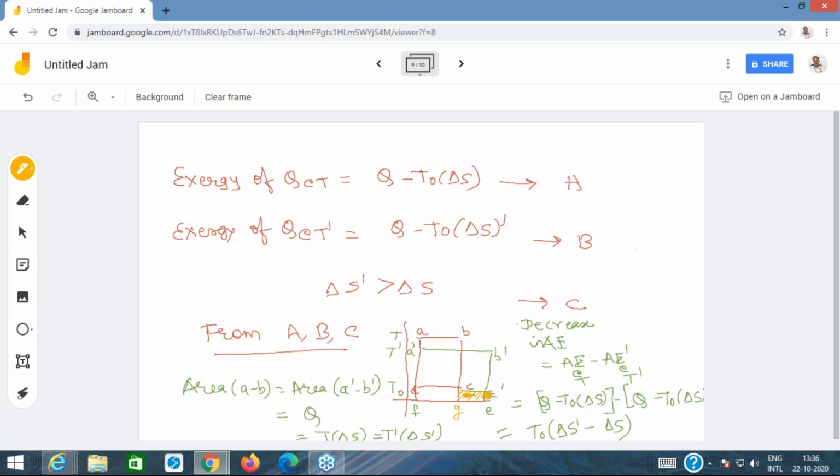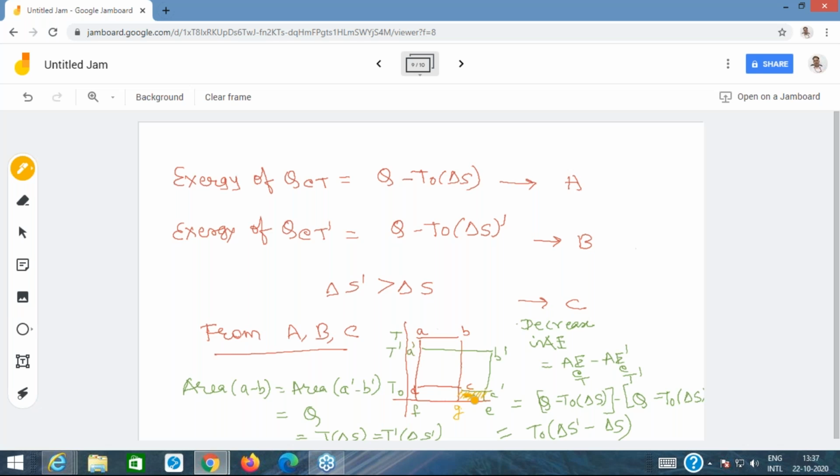The area C dash E G represents an increase in unavailable energy or corresponding decrease in available energy because of the irreversible heat transfer.